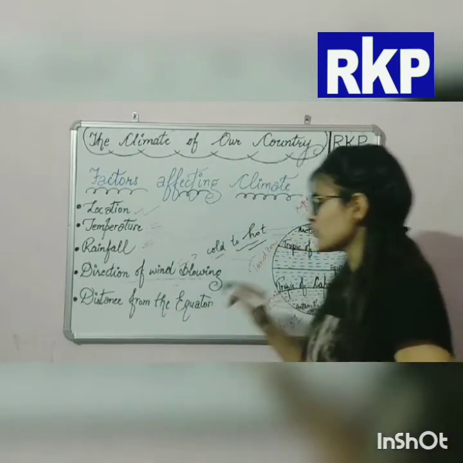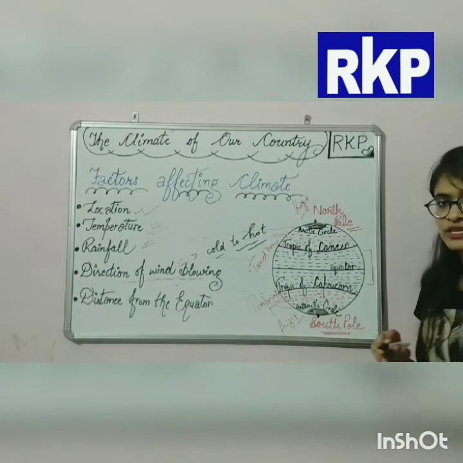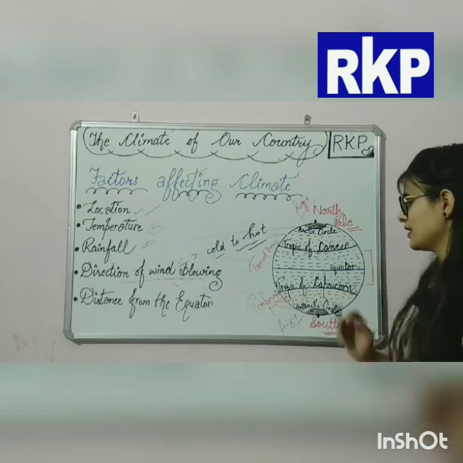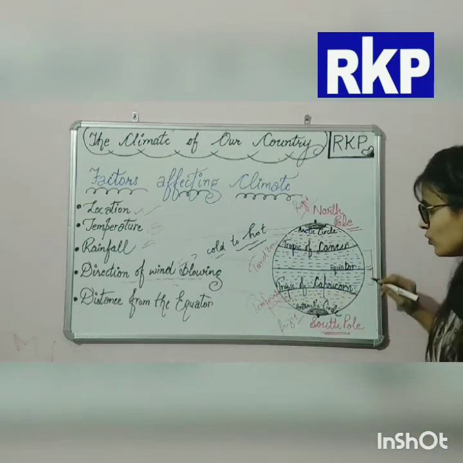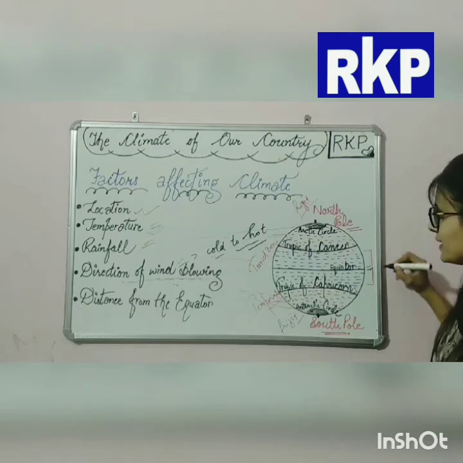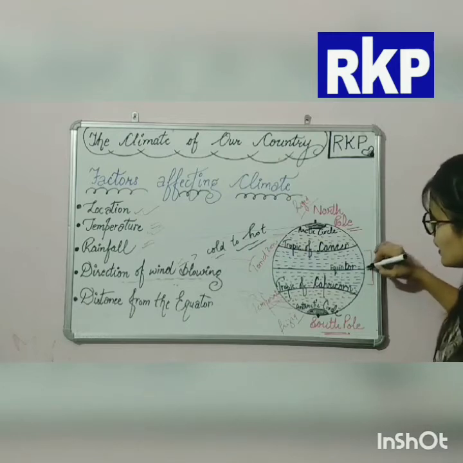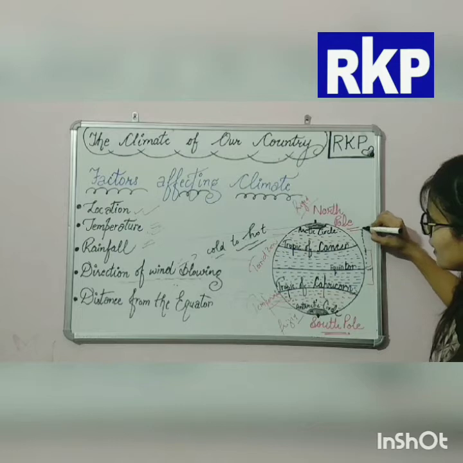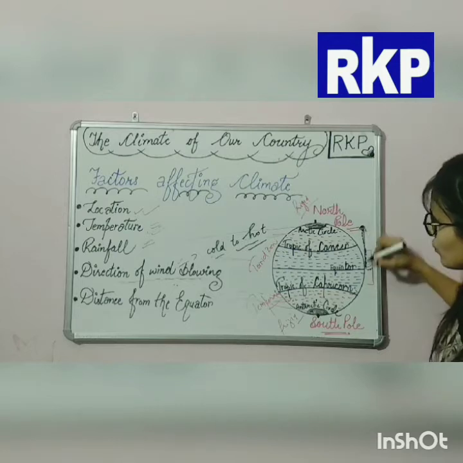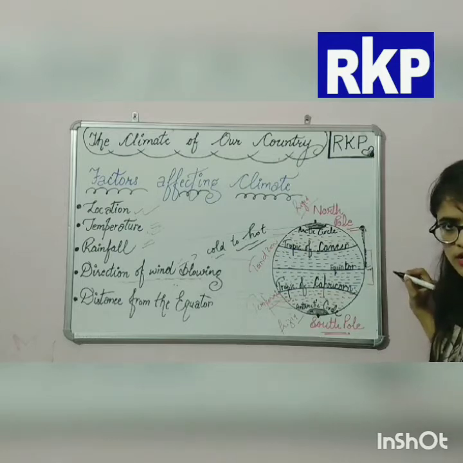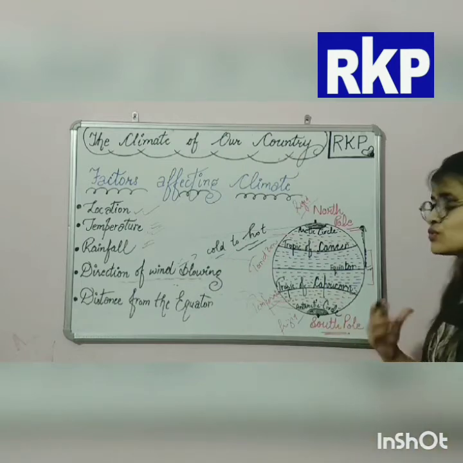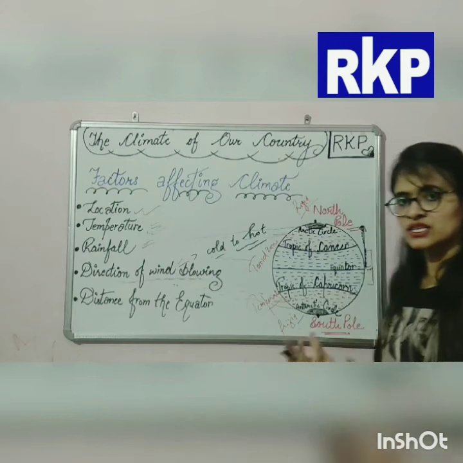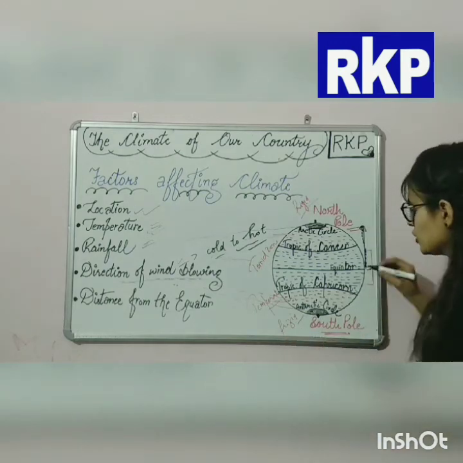So, distance from the equator. Now this is the equator. As we go to the upper side of the equator, the climate changes with how much distance we cover.